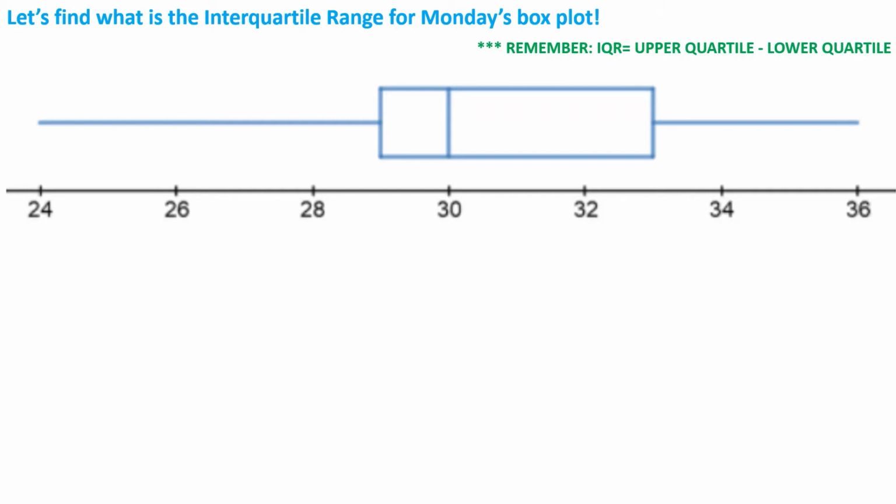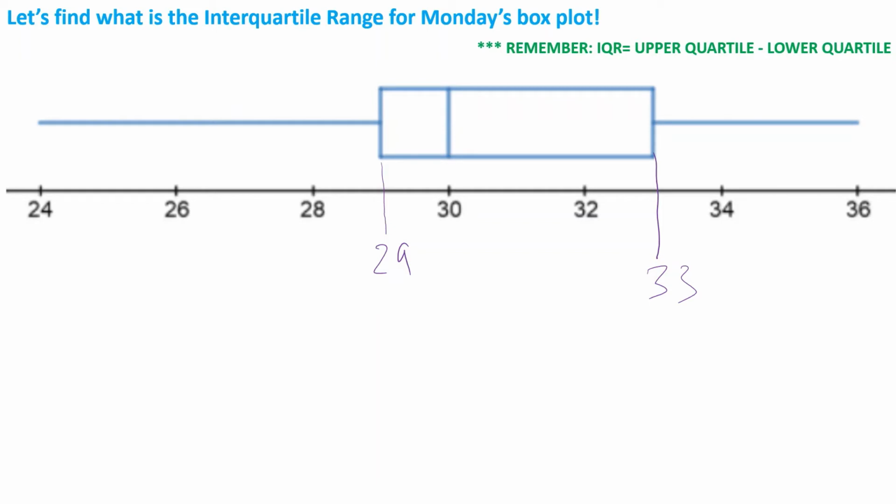Now the upper quartile is right here. It is not on a check mark, but we see that it is between 32 and 34. So I would say this is 33. The lower quartile is doing the same thing. It's between 2 check marks, which means that it will be 29.